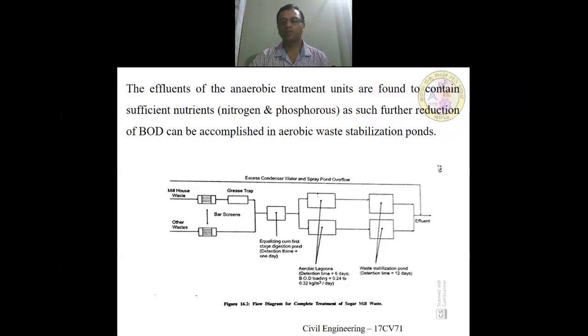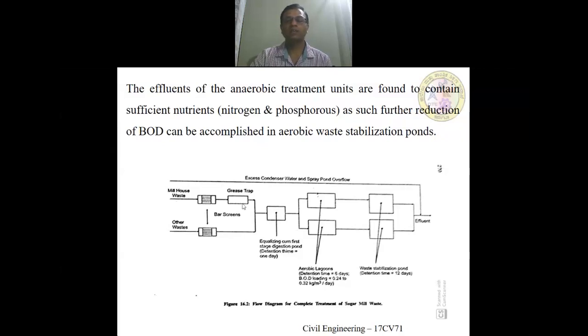Here, the detention period will be 6 days. BOD loading will be 0.24 to 0.32 kg per meter cube per day. Once sufficient BOD is decreased, you go for the waste stabilization pond where the wastewater is stabilized for 12 days.